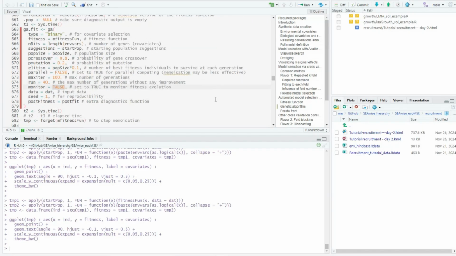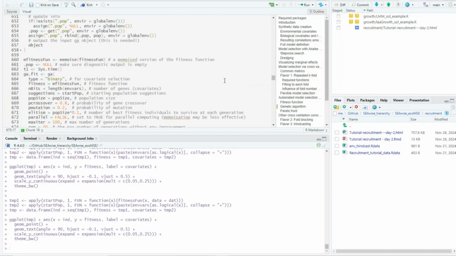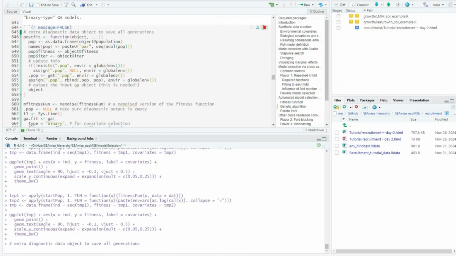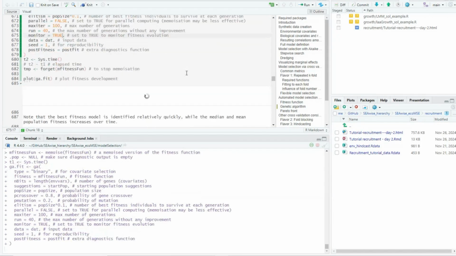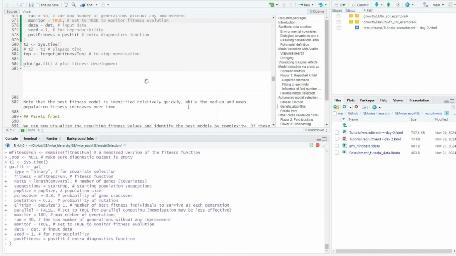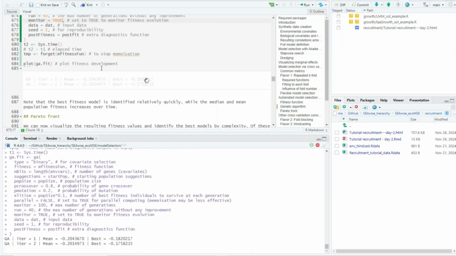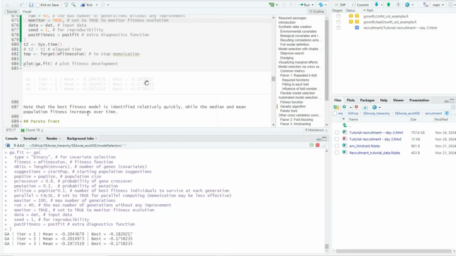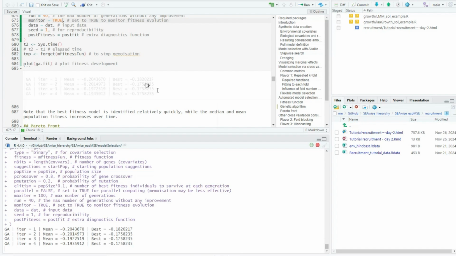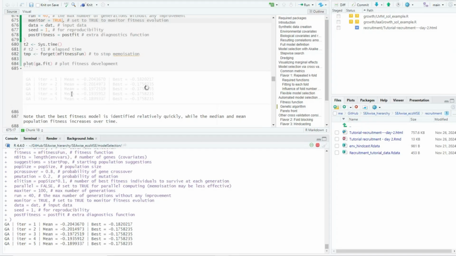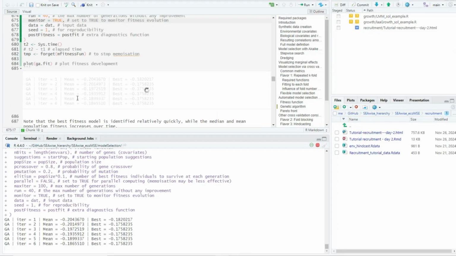The only thing I wanted to change here was true to monitor what's going on, so you can see what it looks like. Hopefully it works. It is really slow. So it's hard to see here, but it's printing out in each generation the best fitness and the mean fitness of the whole population.